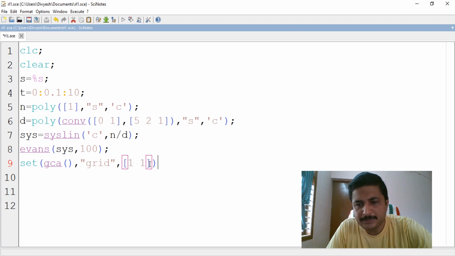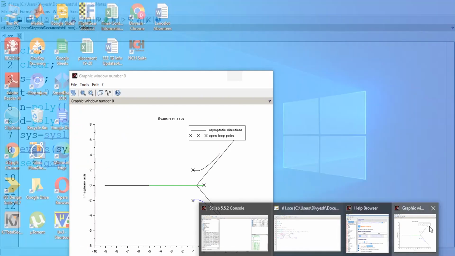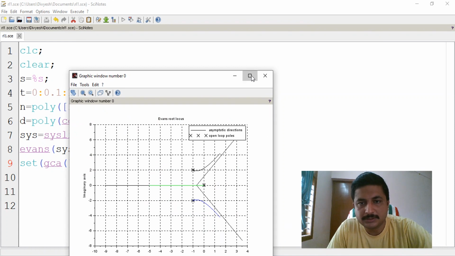In MATLAB we use grid on to switch on the grid lines in the graph, but in Scilab we have to use such a function. You have to remember this for switching on the grid in a graph. If I use this, my graph looks visually better with grid lines.